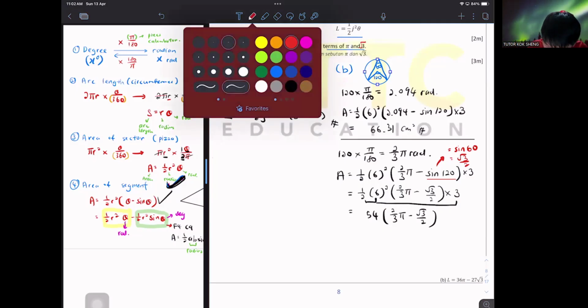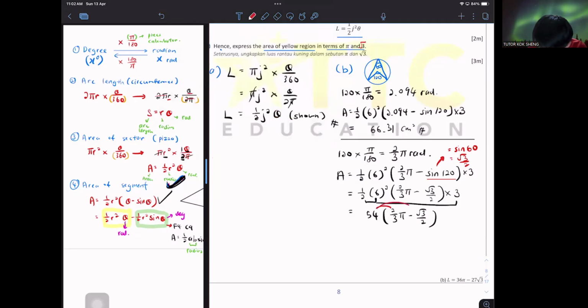Then followed by the 54. Expand it to the bracket. 54 times 2 over 3, okay, 36. 54 times square root 3 over 2. Square root 3 you have to keep, so it's 1 over 2 only. 54 times 1 over 2.